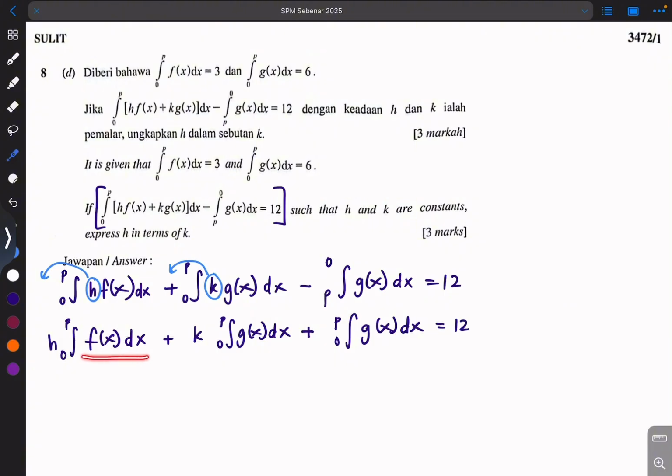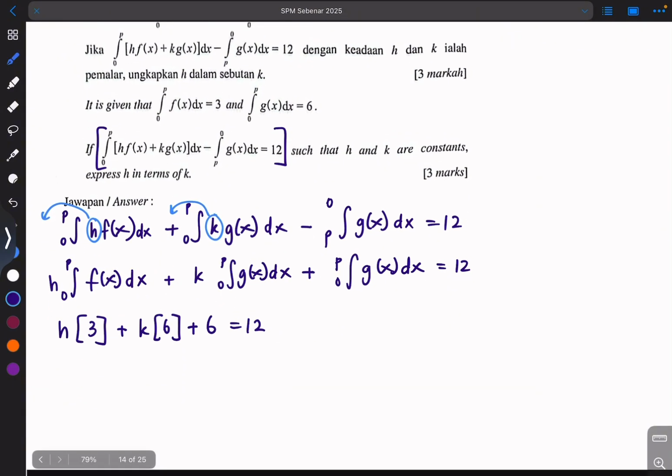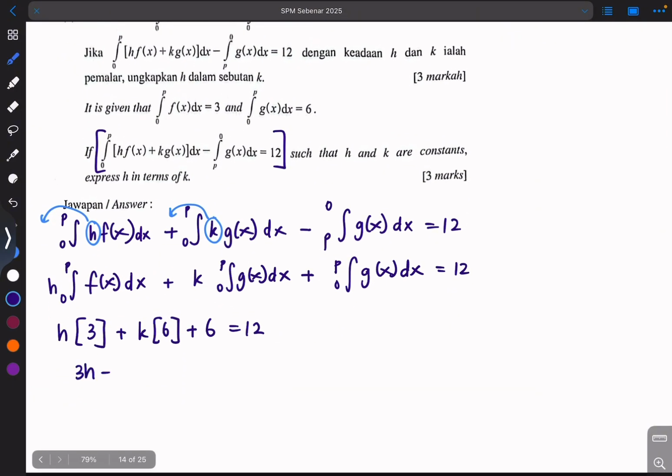Now we know the integral from 0 to p of f(x) dx is 3, so we can sub this with 3. And we know the integral of g(x) dx is 6, so we can sub in with 6. So 3h plus k times 6 plus 6 equals 12. So 3h plus 6k equals 12 minus 6.